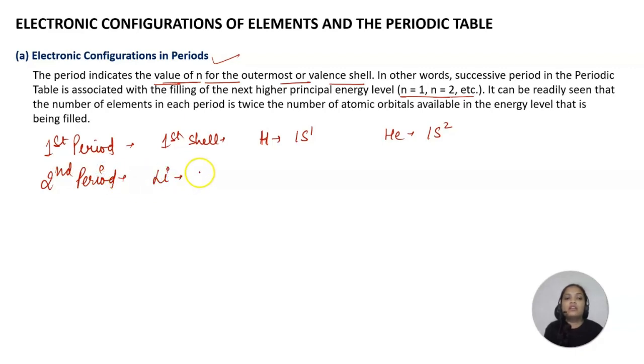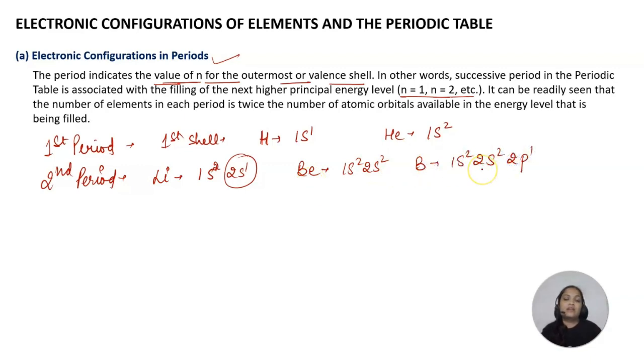Lithium's configuration is 1s2 2s1. Then beryllium is 1s2 2s2, so 2s is filled. Now 2p will start to get filled from boron, 1s2 2s2 2p1. Then carbon 2p2, and it goes up to neon, which has 2s2 2p6. Now the second shell is also completely filled.